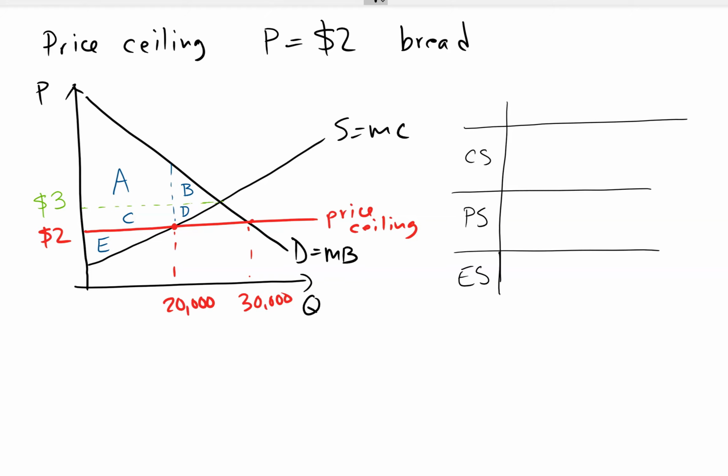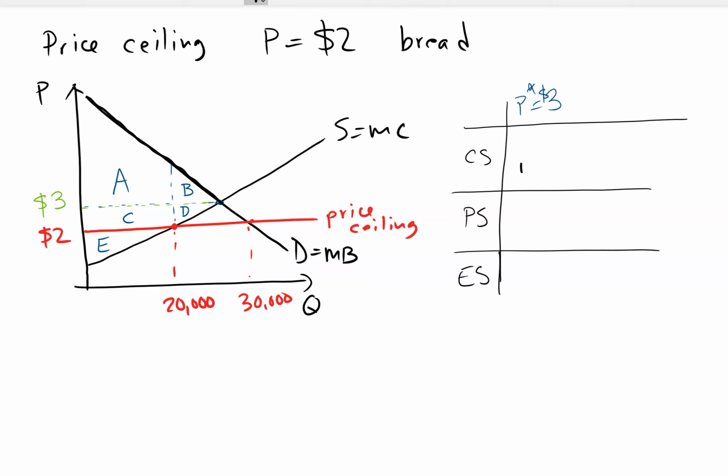When we use the free market and our price is $3, the consumer surplus is below the demand curve and above the price.